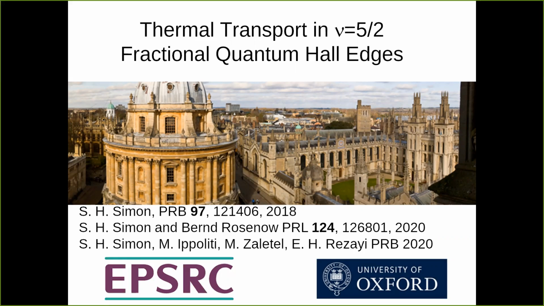The reason that 5/2 is a good one is because it's quite strong in the experiment. And really the other ones that had been proposed as having Majoranas are extremely weak, or maybe not even present at all in all but the very cleanest samples.